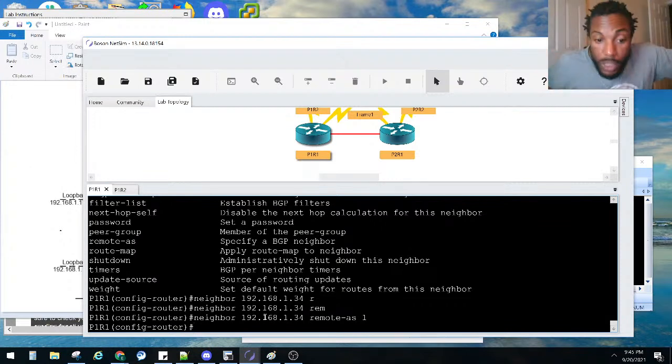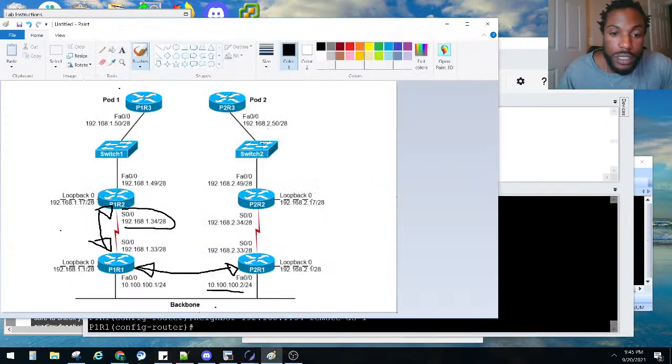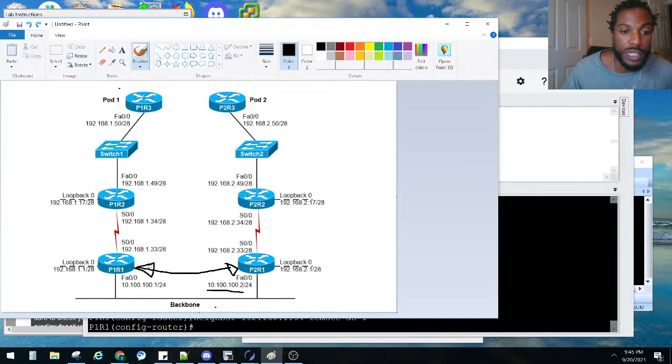Let's see. We did not get a neighbor yet. Does anybody know why? We put our neighbor statement to say that this guy over there is our neighbor. Why didn't they become neighbors just yet? So these two right here are neighbors, this guy and that guy.